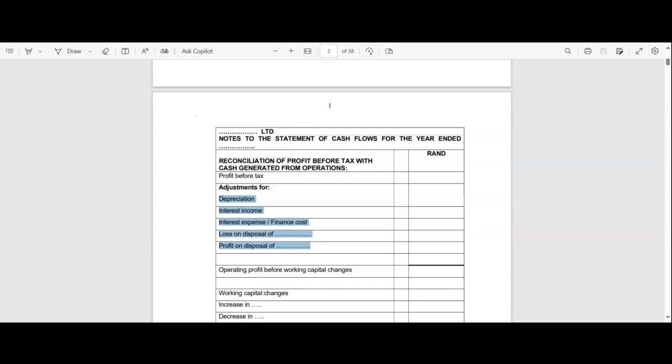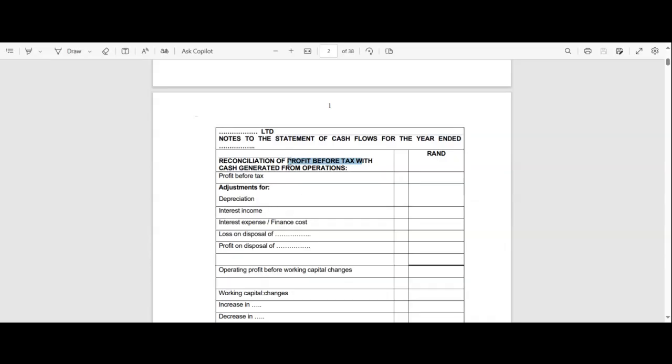Now you can see we're not talking cash flows. We are talking income and expense here. We have to eliminate any income or expense that is included in that profit before tax that does not relate to the operations. That is the first thing that we need to eliminate.